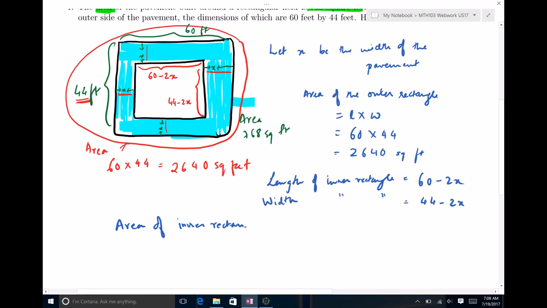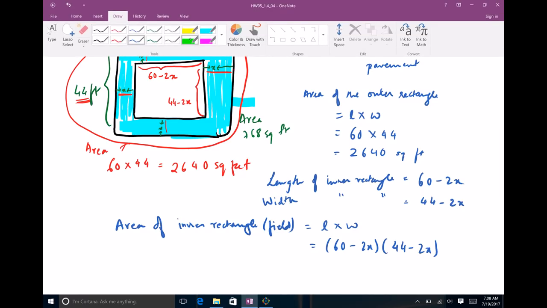By the way, why am I calling this the inner rectangle? This is just the field. The area of the inner rectangle is the length times the width, so that's (60 minus 2x) times (44 minus 2x).